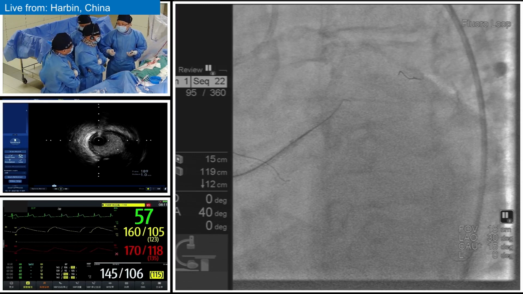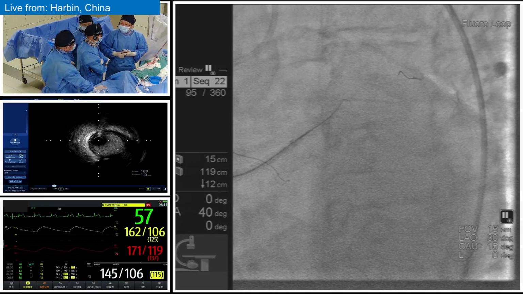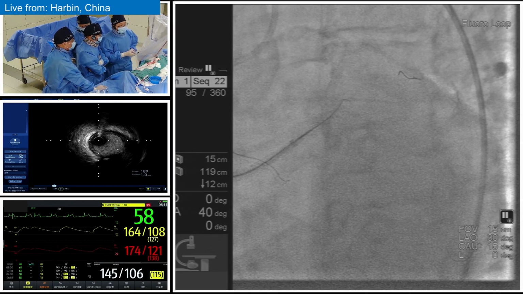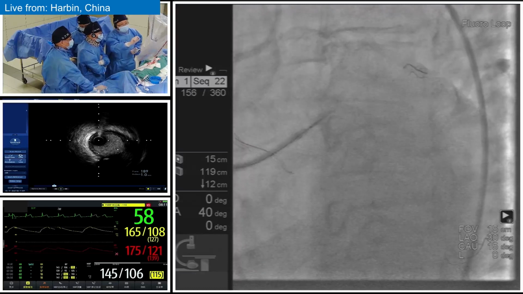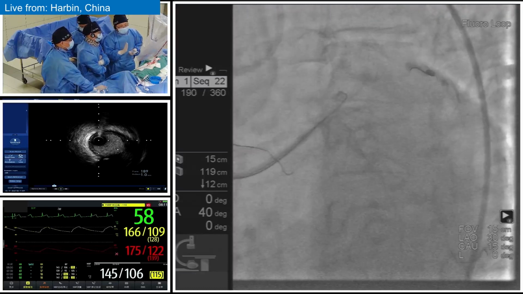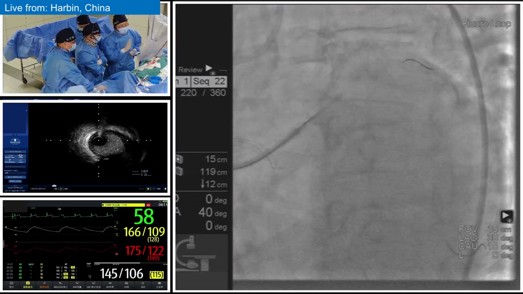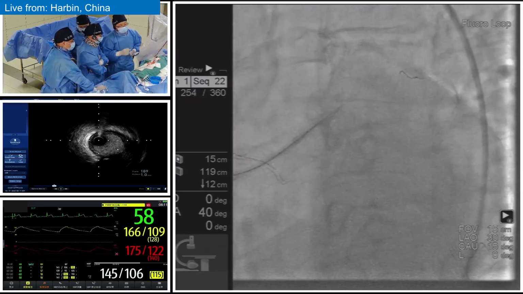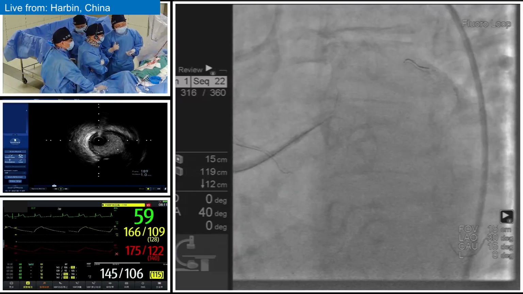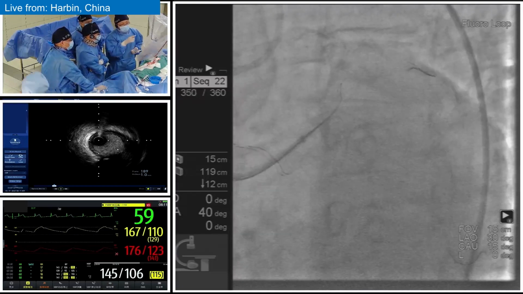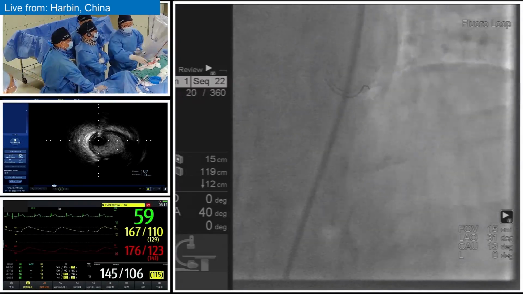Sometimes, even if we use a very stiff Gaia wire, we still can't cross the fibrous cap. We could use the balloon deflection technique. That means in the diagonal branch, we inflate a 1-to-1 diameter balloon to assist the wire to come to the LAD. This time we use a CP12 wire and make a large second curve. In that direction, we rotate very carefully.